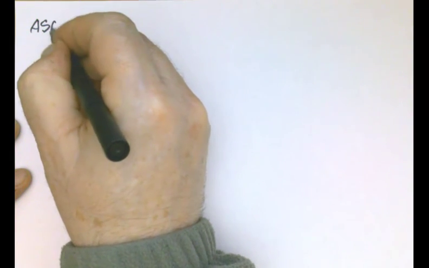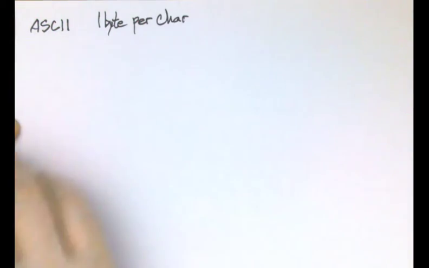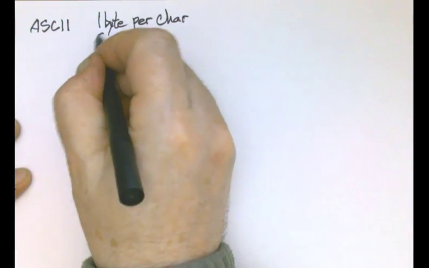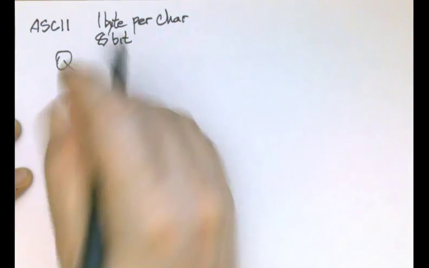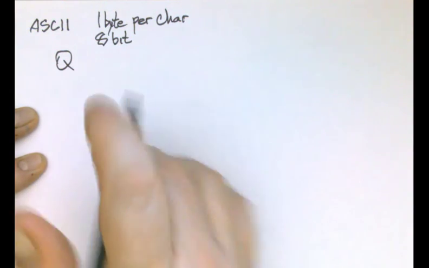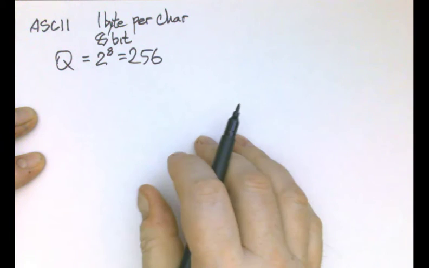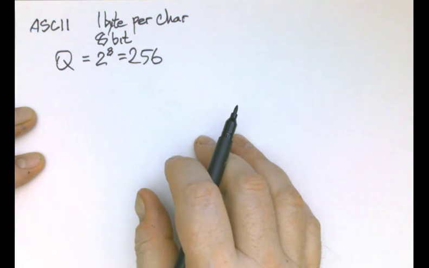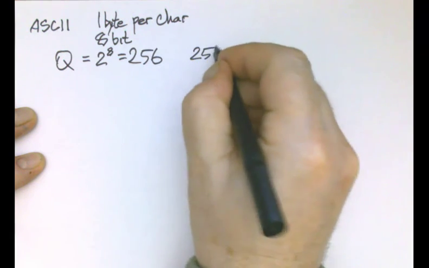ASCII code utilized 1 byte per character. 1 byte is 8 bits, and according to the formula for the quantity of combinations for 8 bits, 2 in the power of 8 is 256 unique combinations. So ASCII code could encode only 256 characters.